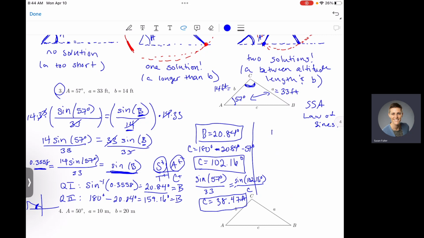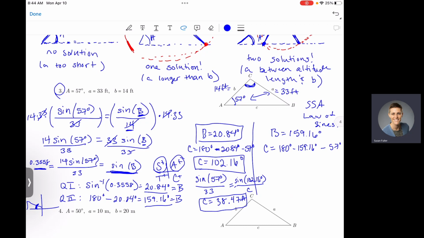And now we also have to check our other solution here, which is 159.16 degrees. So let's say angle B was 159.16 degrees. Then I'm going to subtract from 180 degrees this angle and my given angle of 57 degrees.